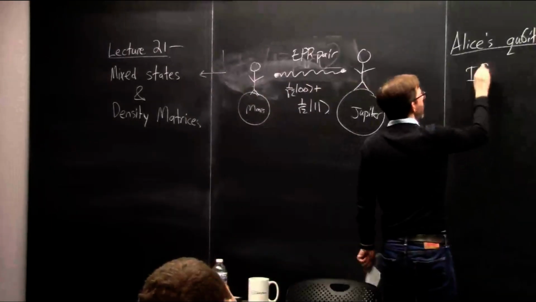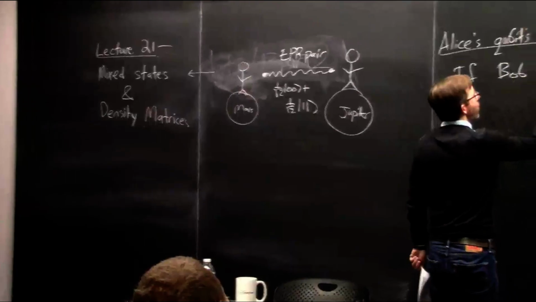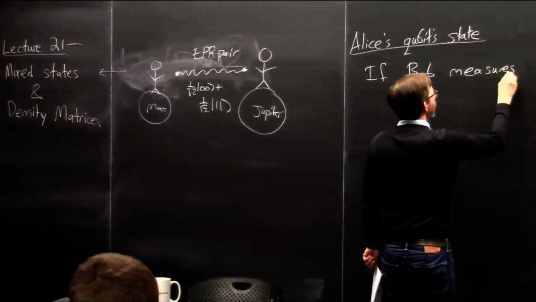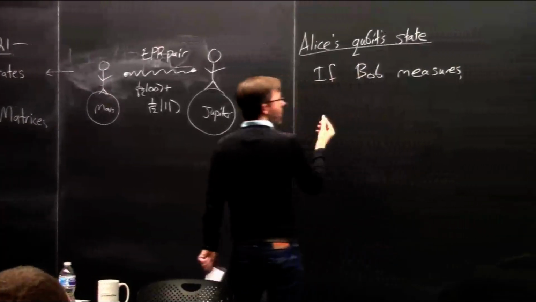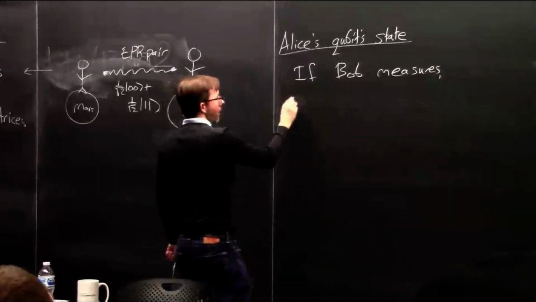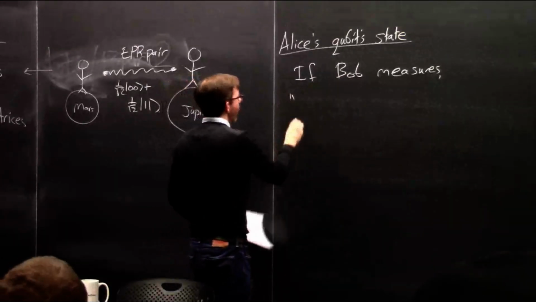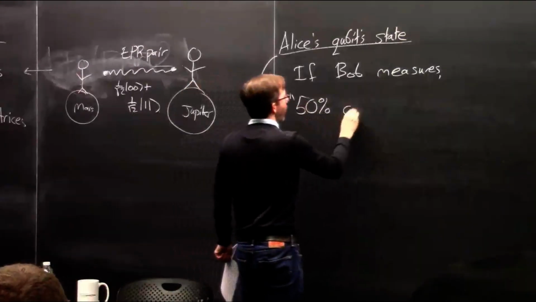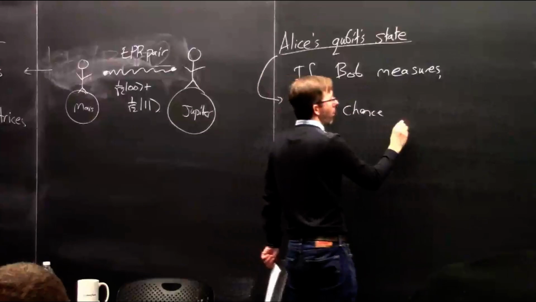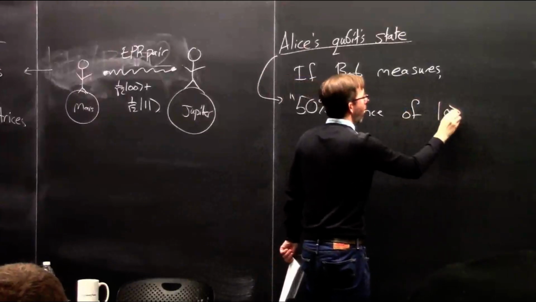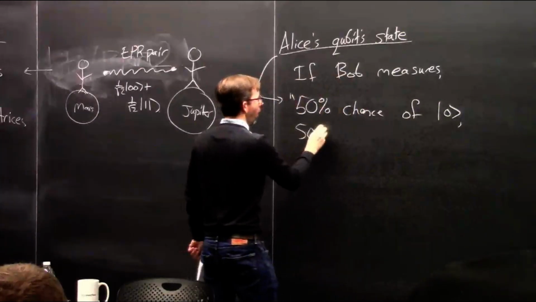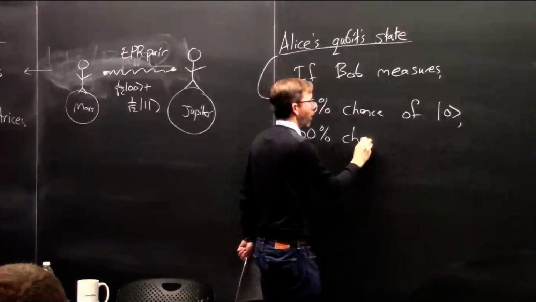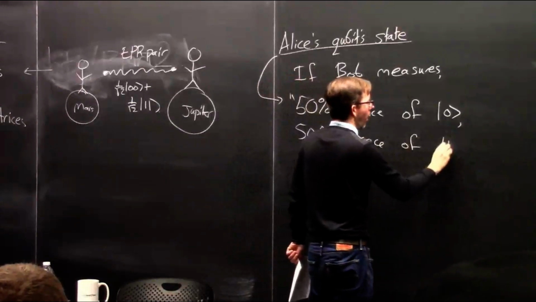If Bob measures his qubit in the standard basis, then the state will collapse, and Alice's qubit will be in this state: 50% chance, or probability, of 0, and 50% chance of 1.